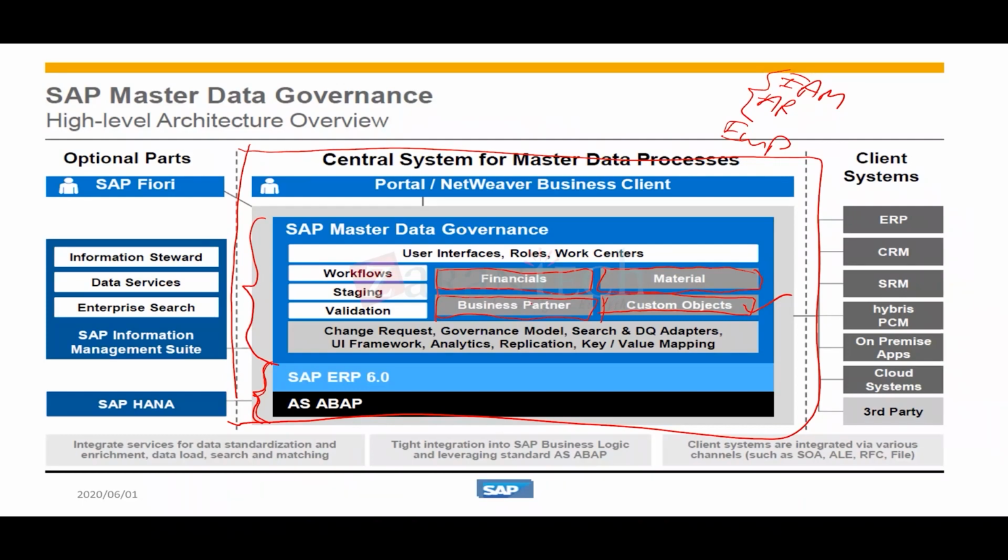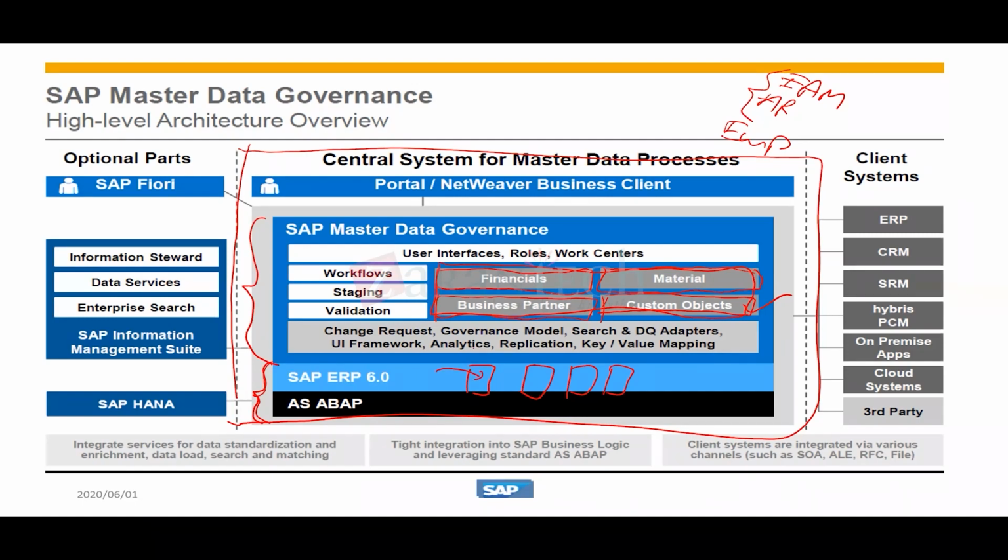And the standard objects are also there. So these four boxes represent your complete staging area, because this is what differentiates master data creation in ECC versus MDG. In ECC, you only have active area tables, your MARA, MARC, those tables, so the data directly gets stored there.